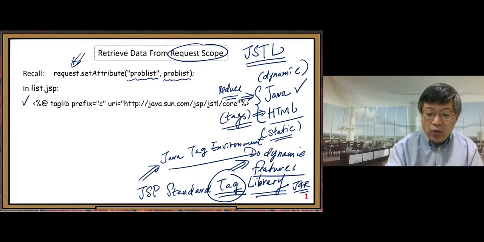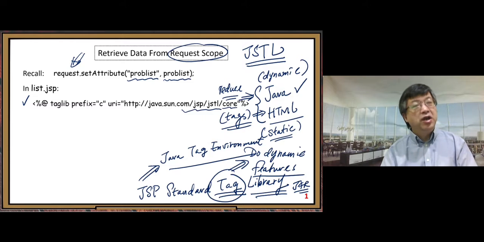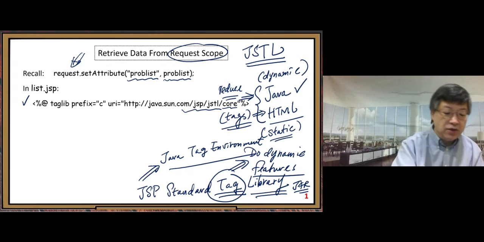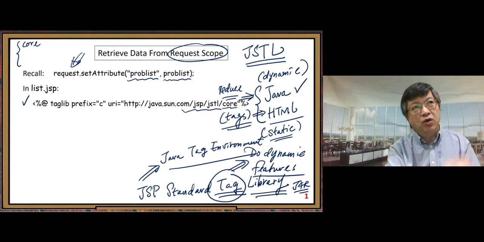You can see we want to use the JSTL core package. JSTL has several packages. Here we just use the core package. Let me give you the packages in JSTL. The first one is the core package, the core features.